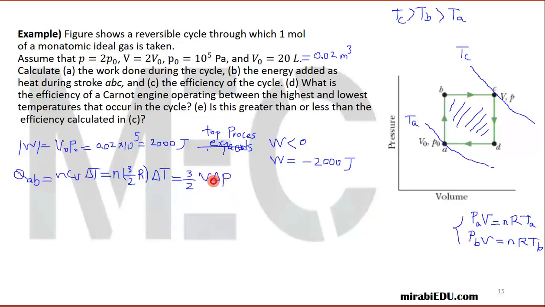I know V and I know delta P, that's why I turned this into this, because I don't have temperature here. I wrote everything in terms of volume and pressure.